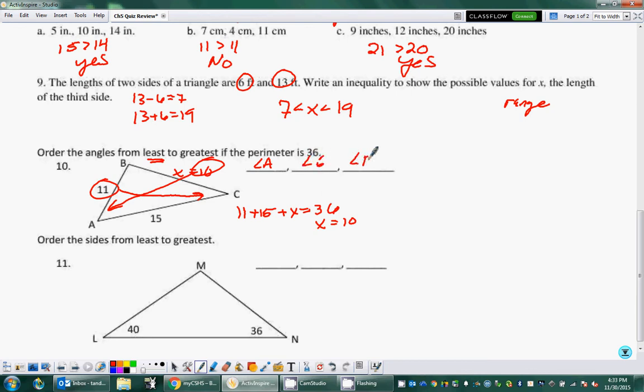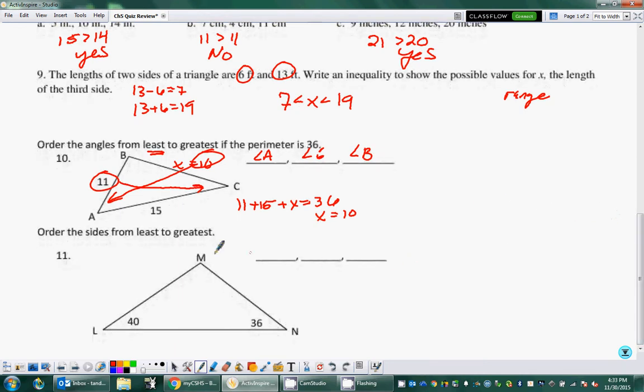If I look at triangle ACD, I've got a 50 and an 85, so that's 135, which makes the last angle 45. Looking at triangle ACD, going from least to greatest, my smallest side is AC, next side would be CD, and then my largest side would be AD.